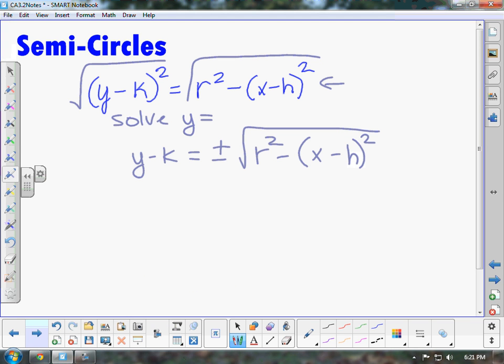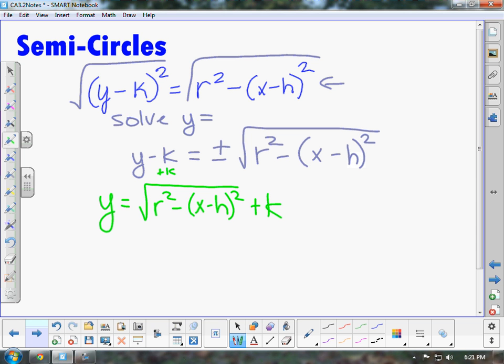And then finally, we would add k to both sides to get y equals both positive and negative. So we're going to write the positive one here: y equals the square root of r squared minus (x minus h) squared, plus k. And we would also have y equals the negative square root of r squared minus (x minus h) squared, plus k.